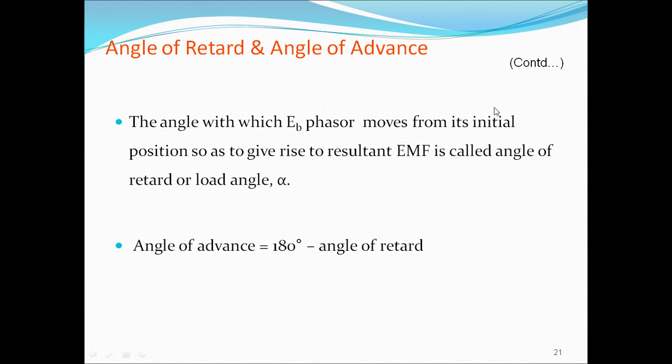That value is 90 degrees. Beyond 90 degrees, the motor pulls out of synchronism and stops. The torque developed at this moment is called pull out torque. That is, it is coming out of synchronism.